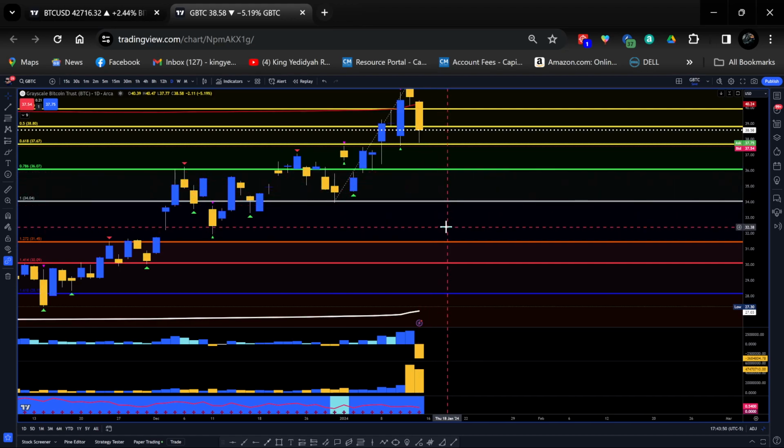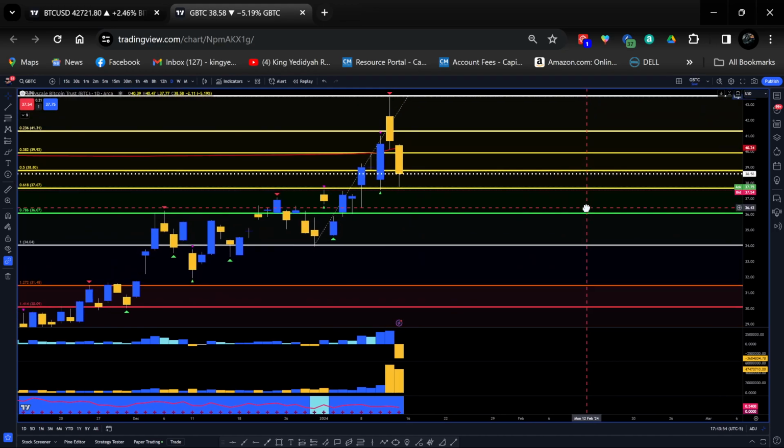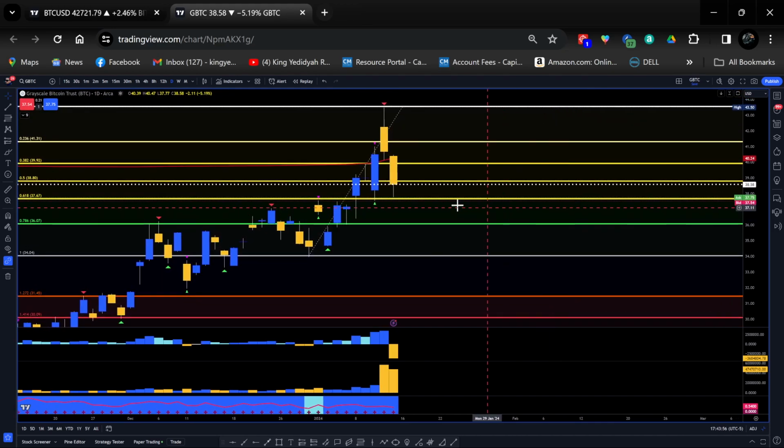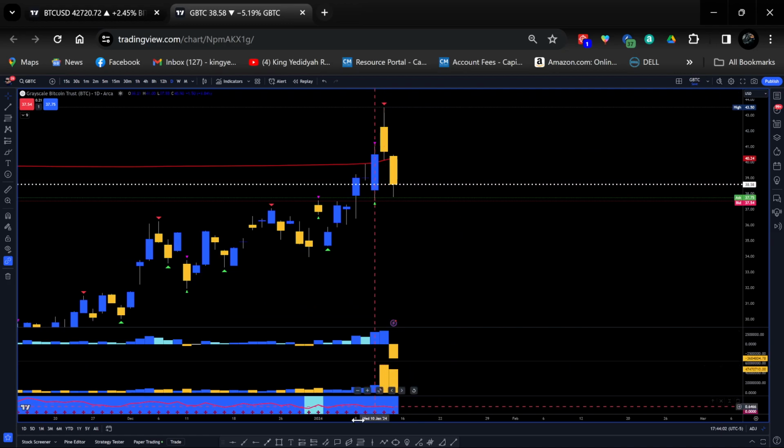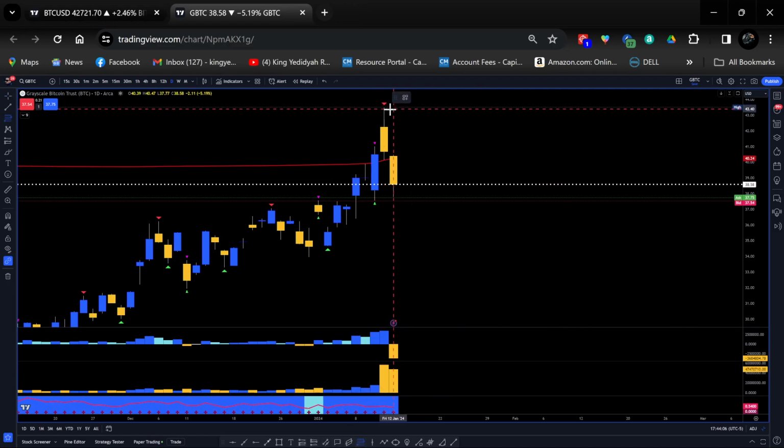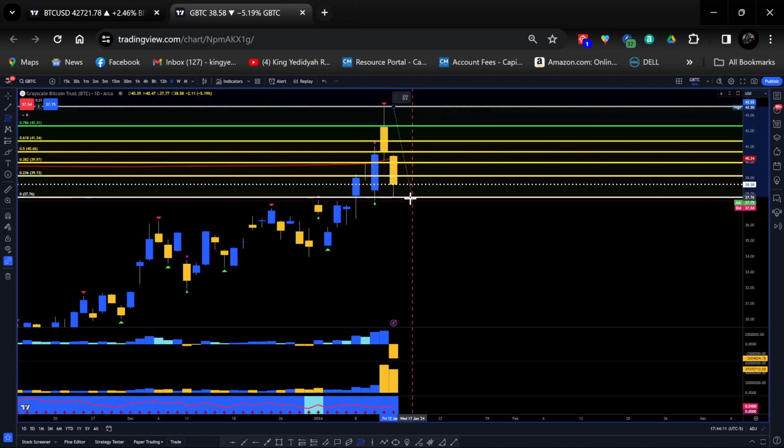I might wait for a pullback, but a pullback to the top level, because at that point you flip your fibs the other way, and then you would look for a pullback to like 62%, 79% or whatever, and then go short. So you would pull it from here to the bottom of this candle?